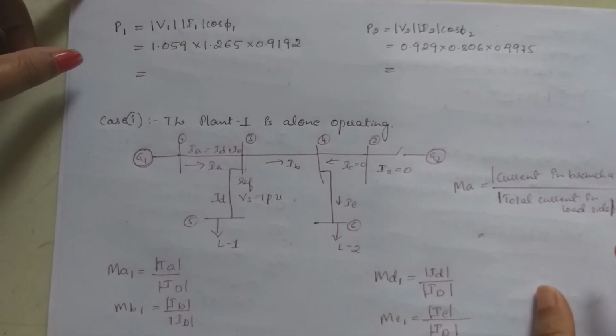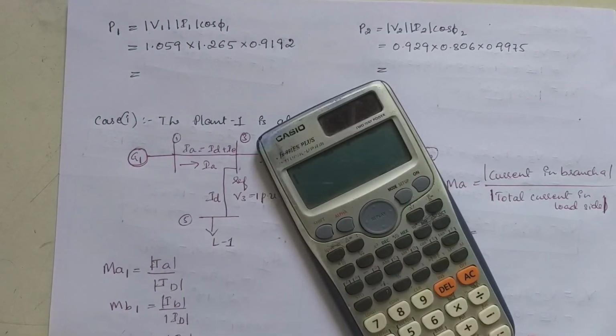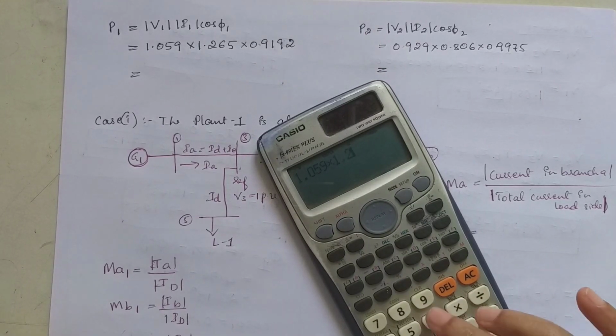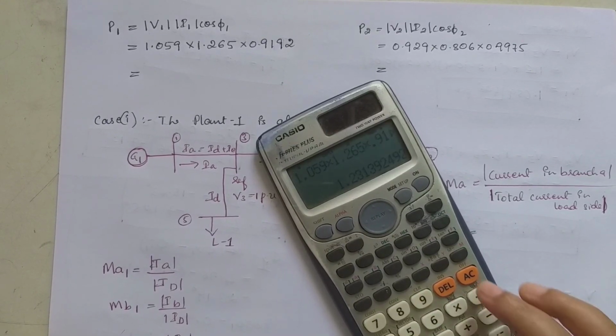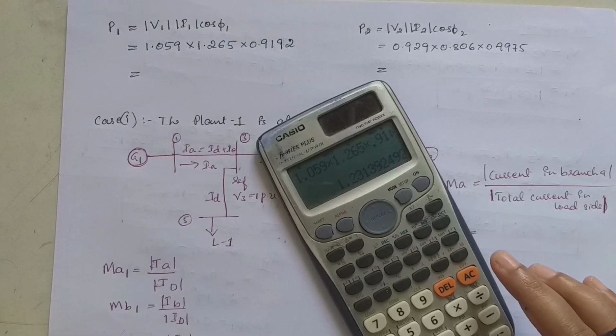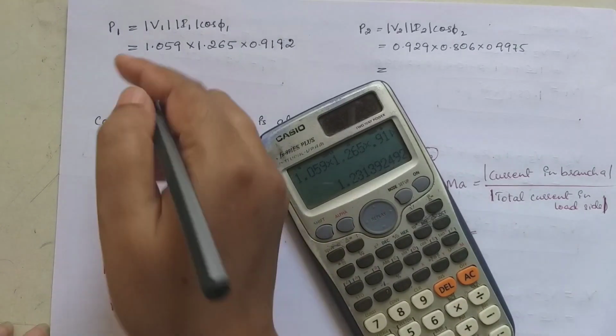So on solving, we get 1.059 into 1.265 into 0.9192, which is equal to 1.23 per unit.